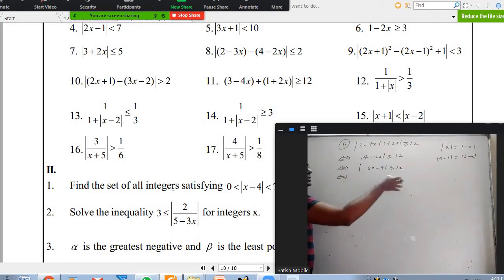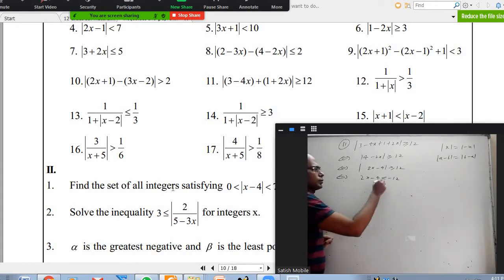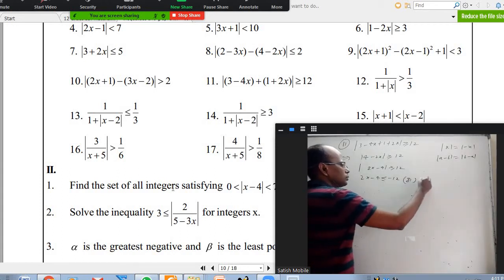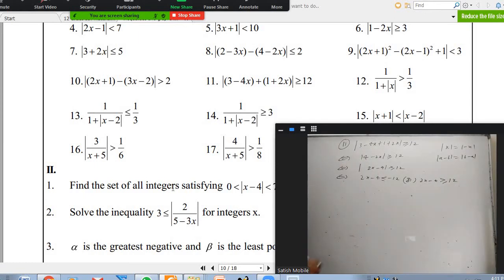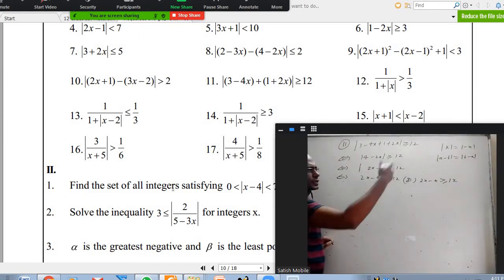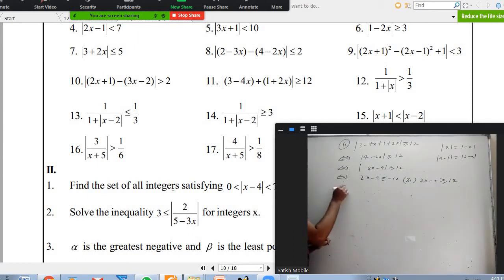Anyway, mod of something is greater than or equal to 12 means it should be more than 12 or less than minus 12. 2x minus 4 less than or equal to minus 12 or 2x minus 4 should be greater than or equal to 12. Mod x greater than or equal to k means x is greater than or equal to k or less than or equal to minus k.